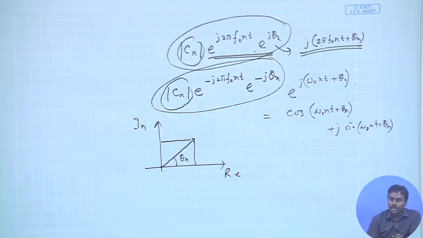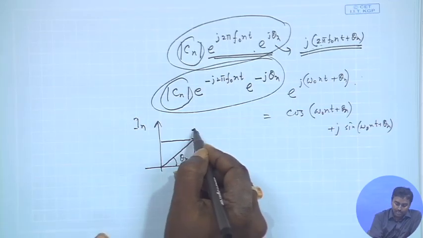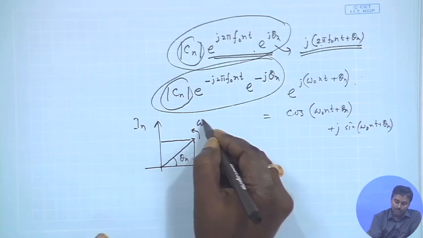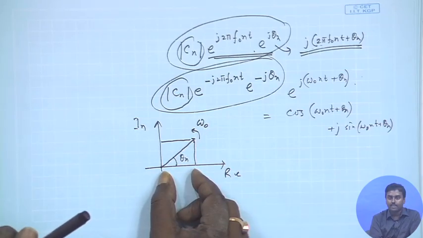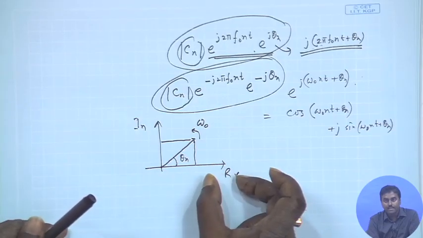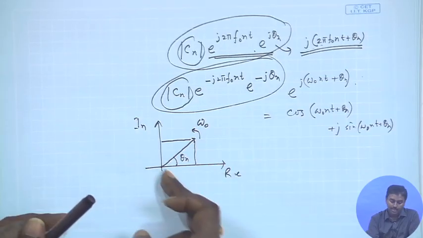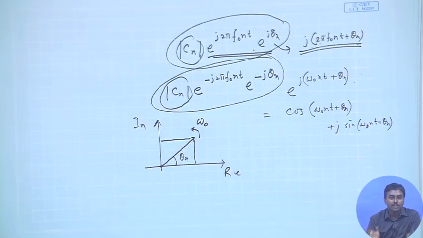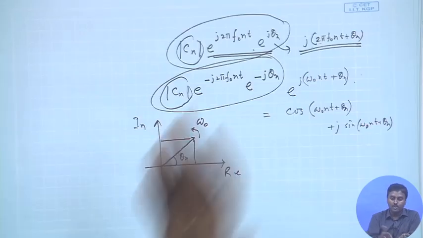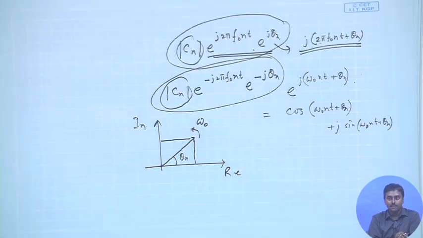So whenever I rotate this with angular velocity omega 0 and trace the projection with respect to time, I get a cosinusoidal on the real axis and a sinusoidal on the imaginary axis. This is the representation in the complex domain, because we are representing it as a complex signal.